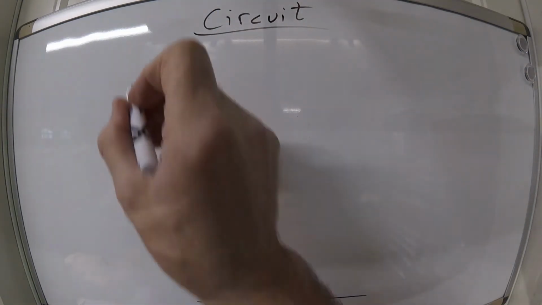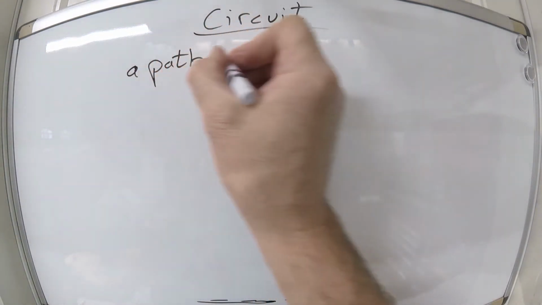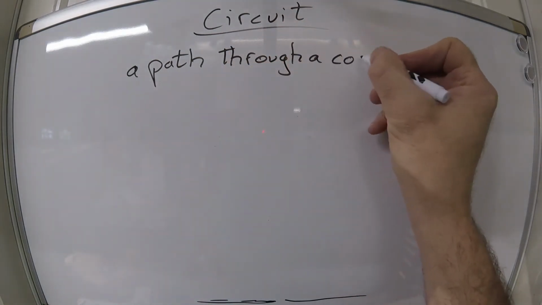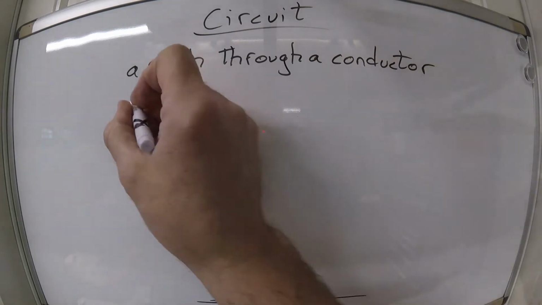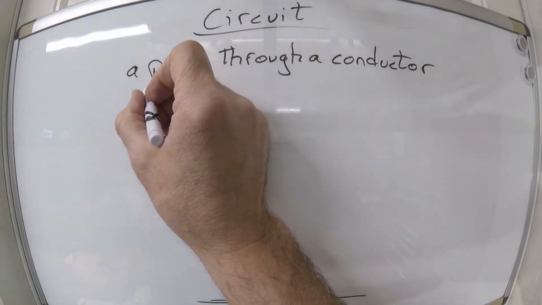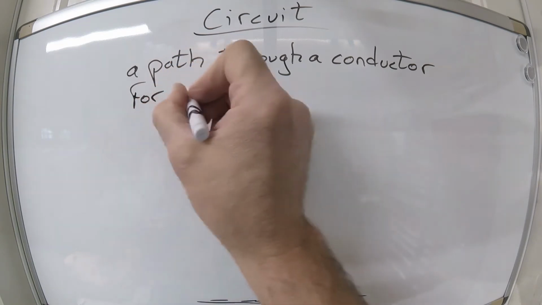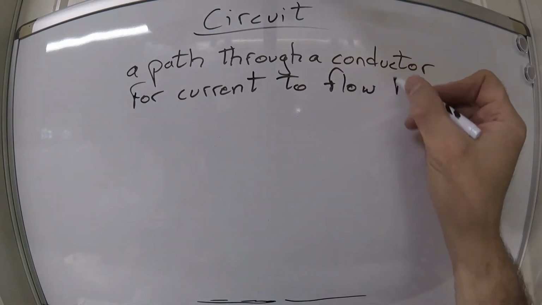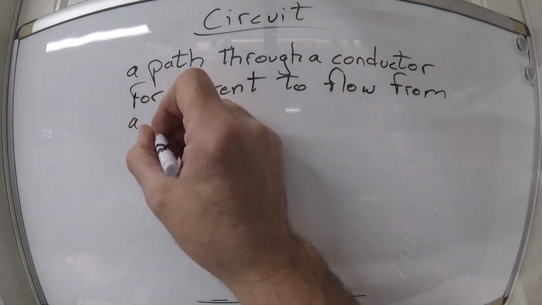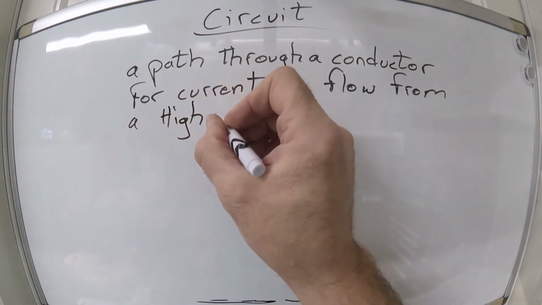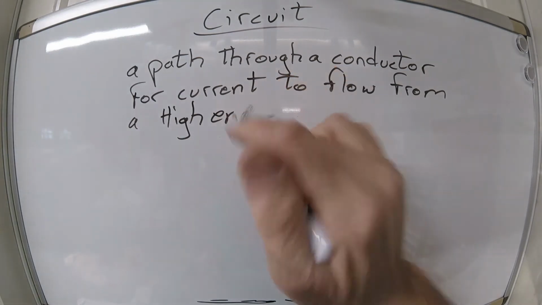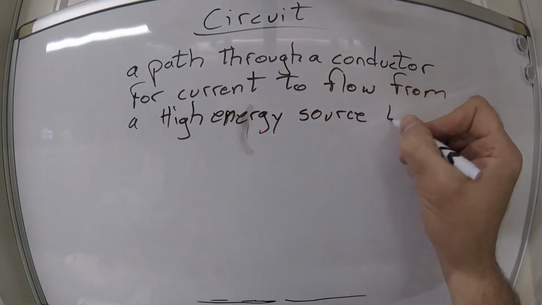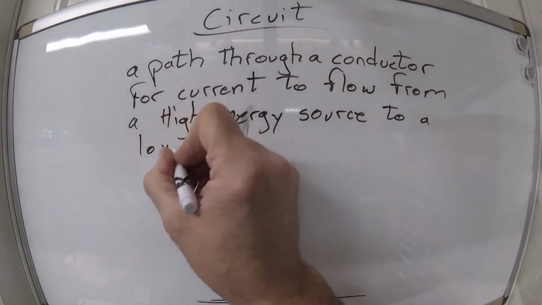And a circuit is just a path, usually through a conductor, okay, a path through a conductor for current to flow from a high energy location, from a high energy source to a lower energy.